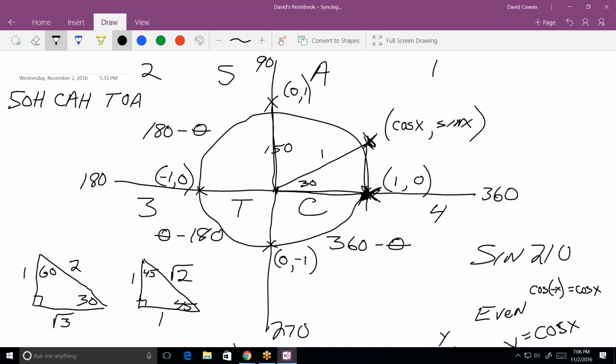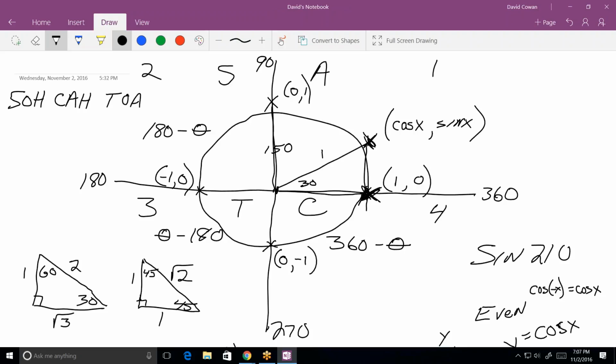I'm going to leave this on here. In other words, it might not be sufficient to just know what all the sines and cosines of all these angles are. You also have to know that the x and y coordinates are the cosine and the sine.